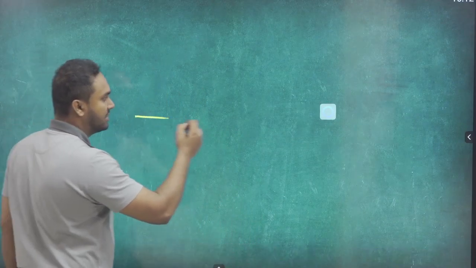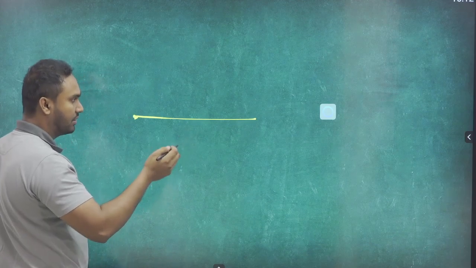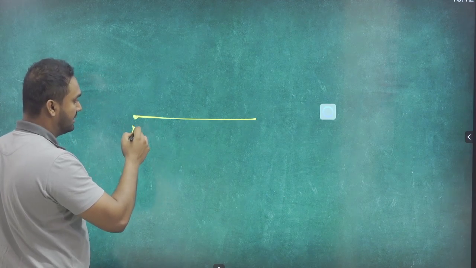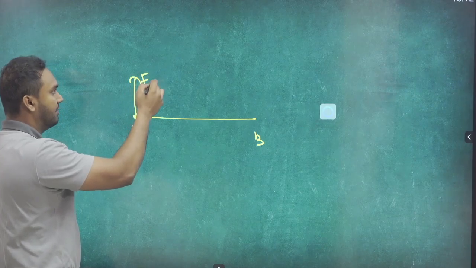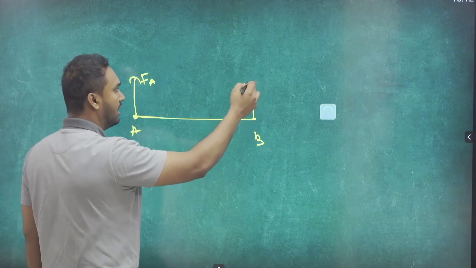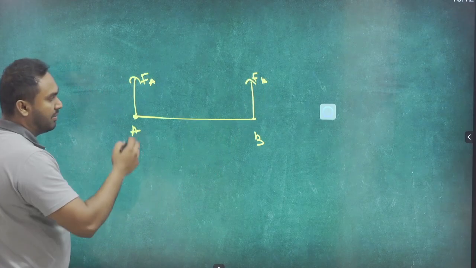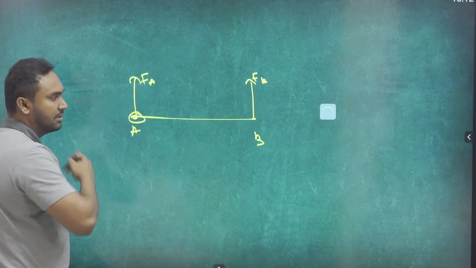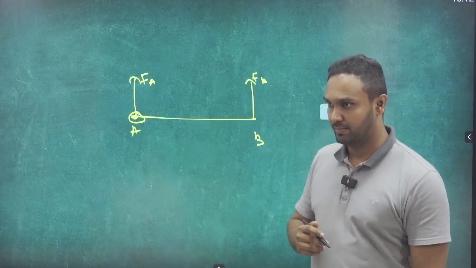So if a force is acting on the pivot point, let's say this is A and B, and two forces are there, FA and FB, right? Now the pivot point is here, and there is a force acting on the pivot point.